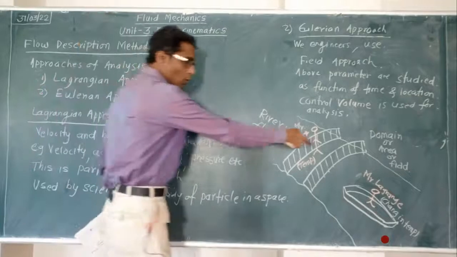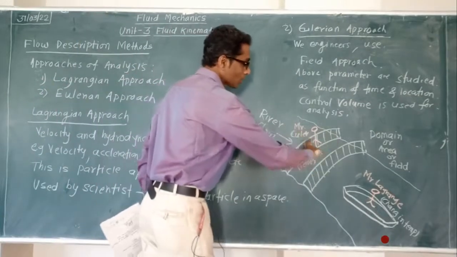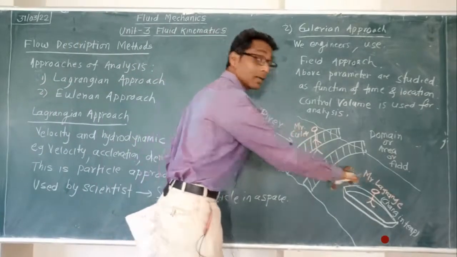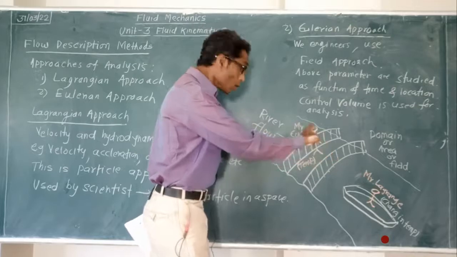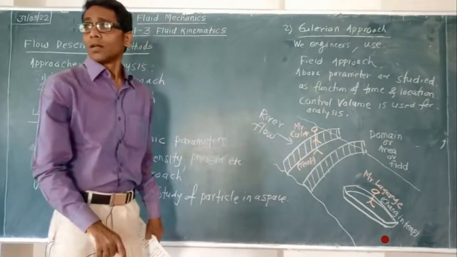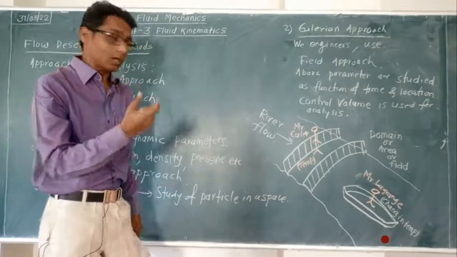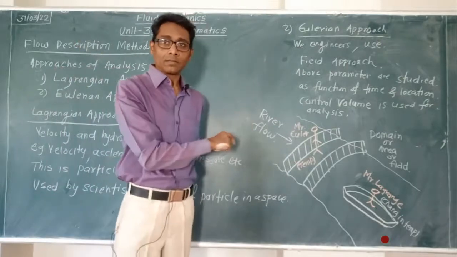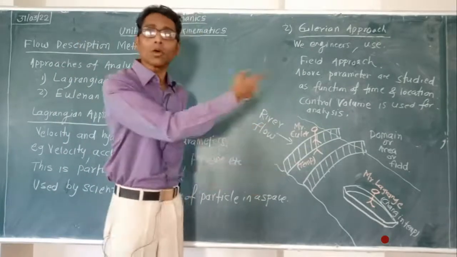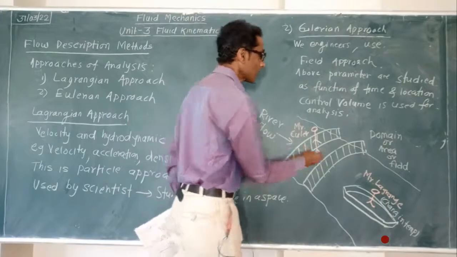In a particular domain, whatever water is flowing, what change is there in the temperature, that is monitored. So Euler is considering a control volume.